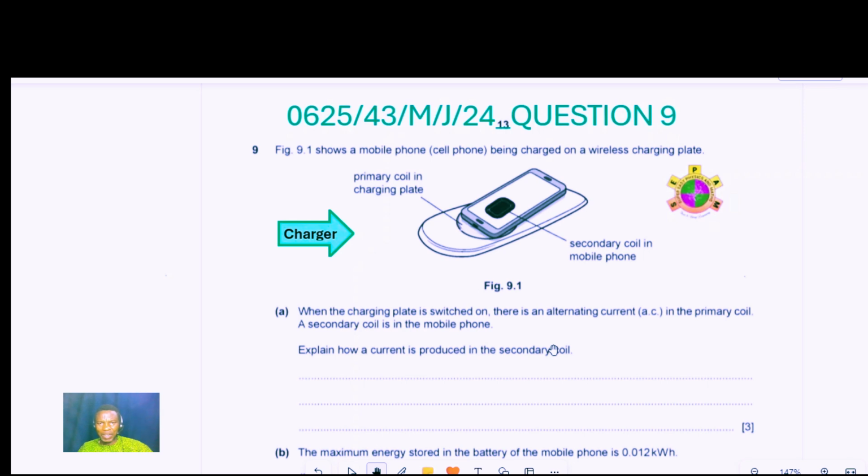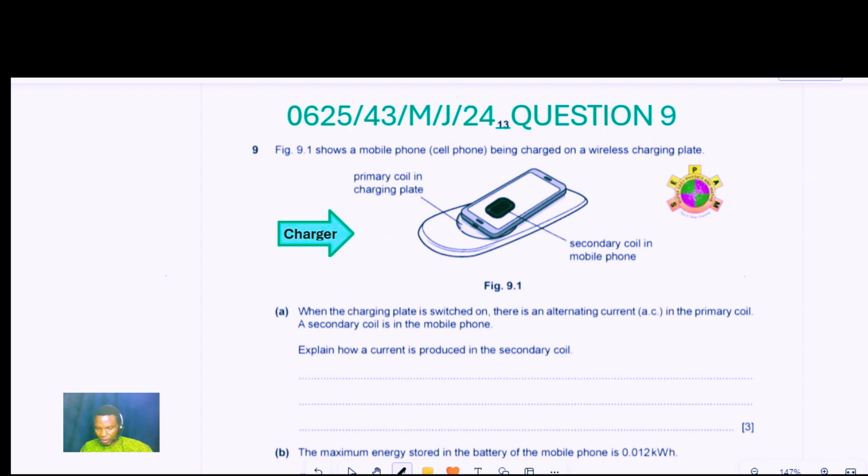In this video, we are looking at question 9 of the IGCSE Paper 4 Extended, Variant 3, May-June 2024 question.